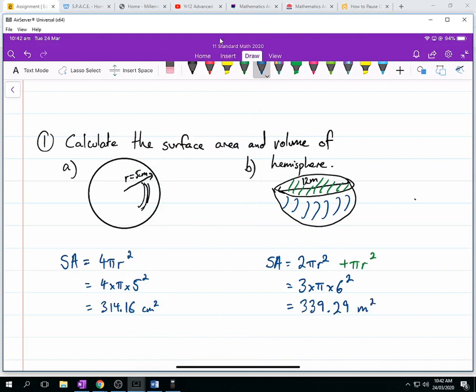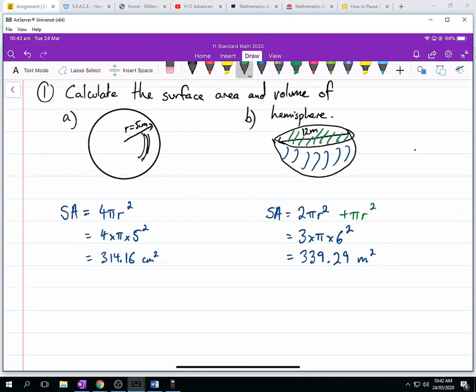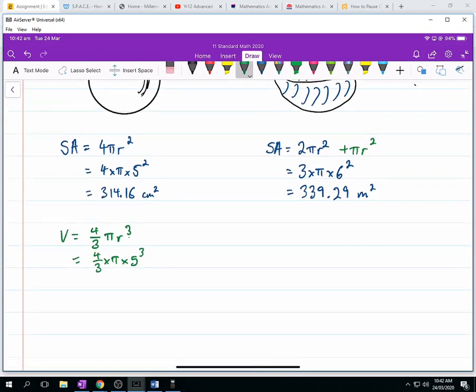I also asked you to work out the volumes, which is 4/3 of pi r cubed. Our volume for the first one is 4/3 times pi times 5 cubed, and we have to make sure that we show our working. We always show what formula you use, what you substitute into it, and then the answer.